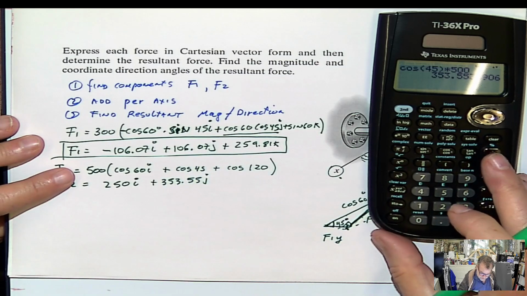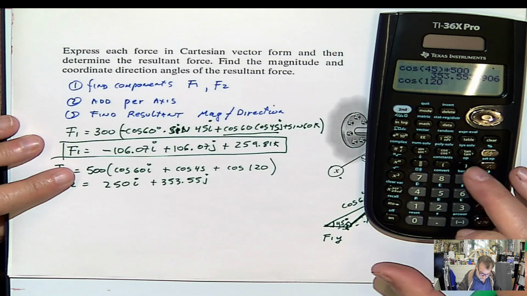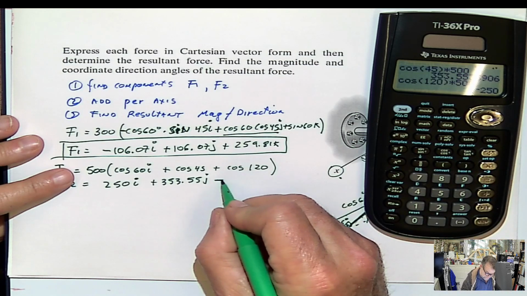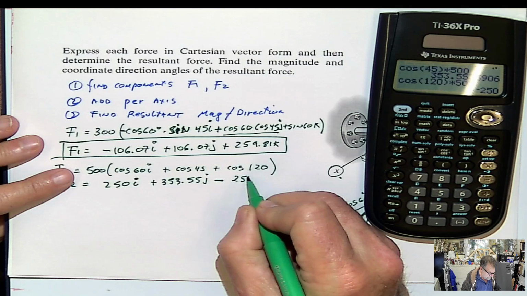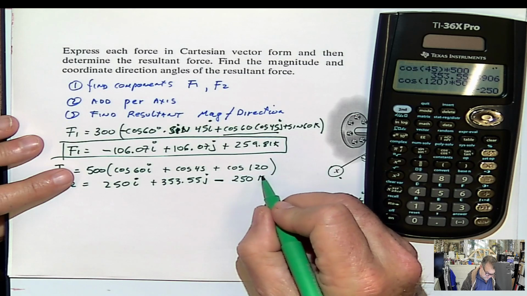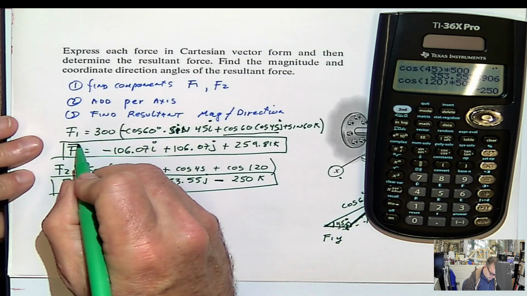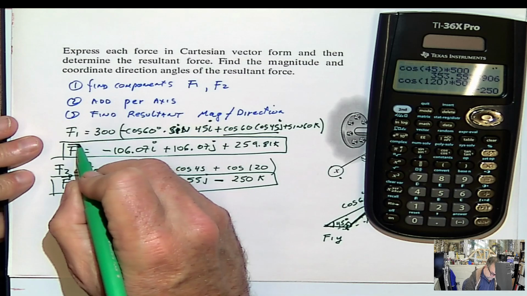And now cosine 120 times 500 is going to be negative 250 in the k direction. And that will be the force 2 in Cartesian notation.